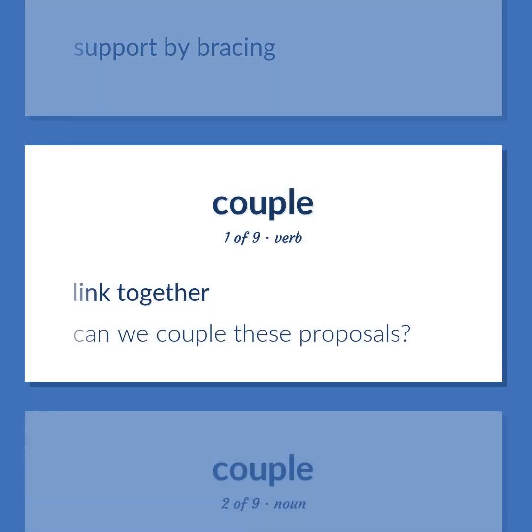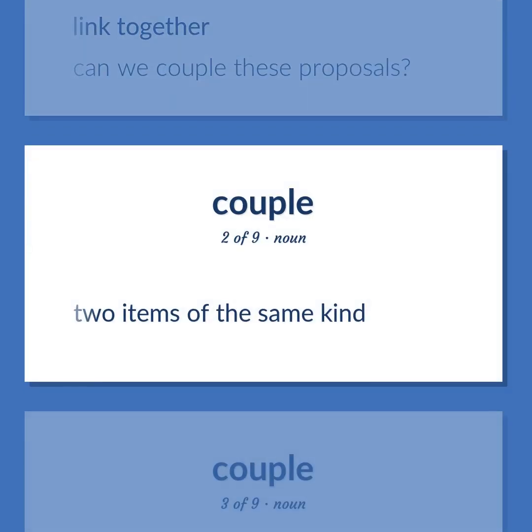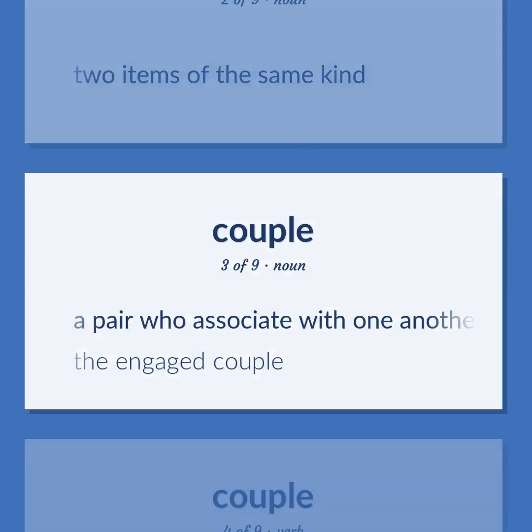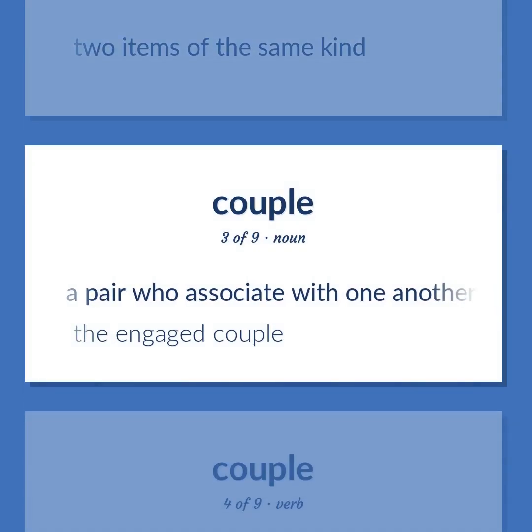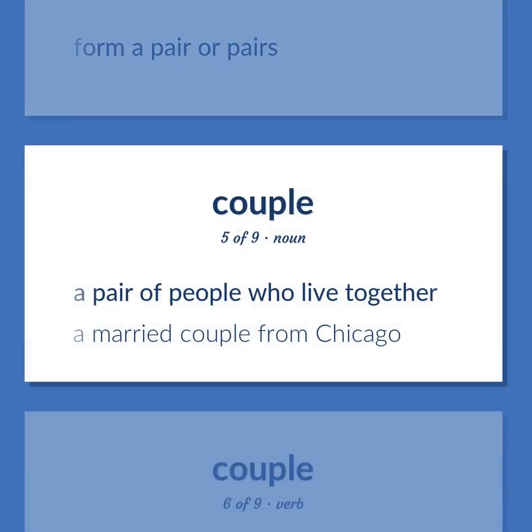Link together. Can we couple these proposals? Two items of the same kind. A pair who associate with one another. The engaged couple. Form a pair or pairs. A pair of people who live together.